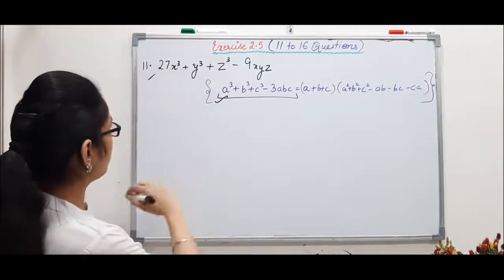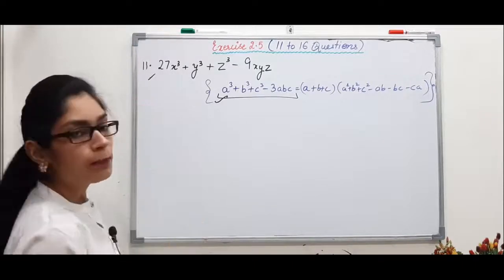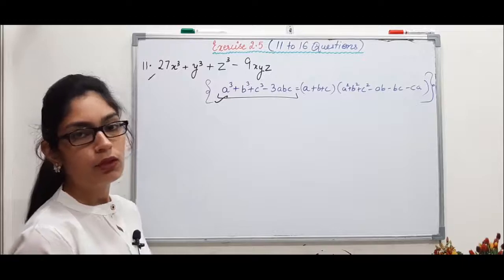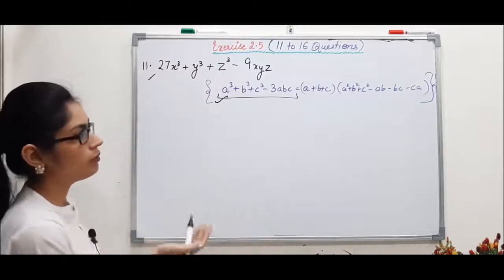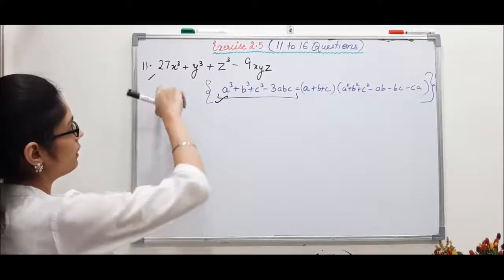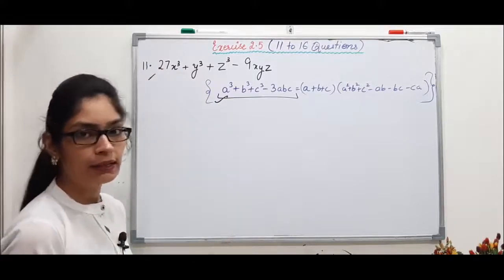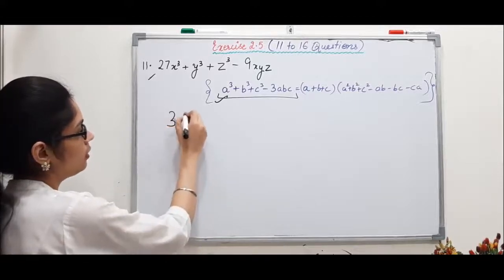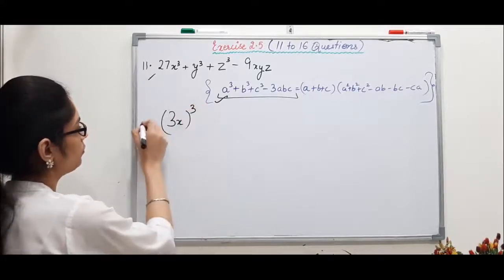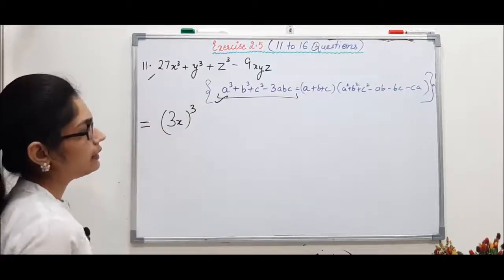So let's try now. In previous questions also we have done cubes, cube roots and square roots, and cubes and squares. The same way we will do here also. Here we have 27x cube. 27x cube you can write as 3x whole cube.